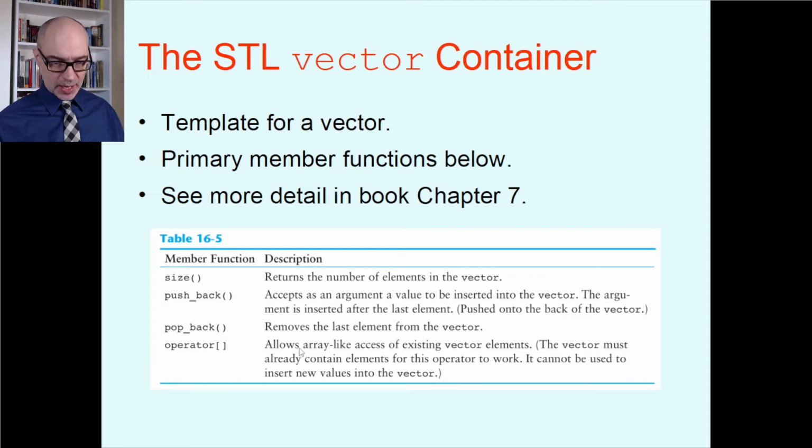Right? This actually allows array-like access of existing vector elements. So having put some stuff in your vector, now you can access it by saying name of my vector, square bracket, what subscript I want. And it looks exactly like an array. How handy is that? So whatever we're familiar with for typing down to code to access stuff in an array, you can make your vectors look exactly the same way.